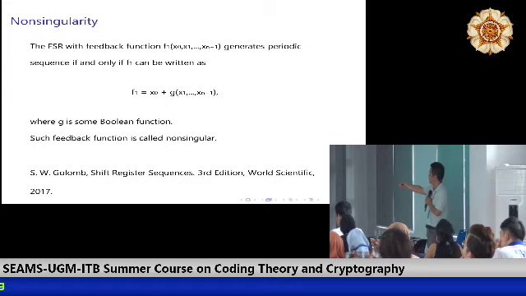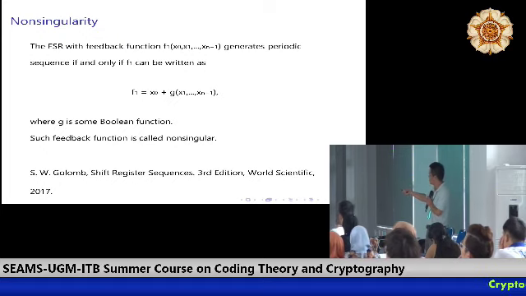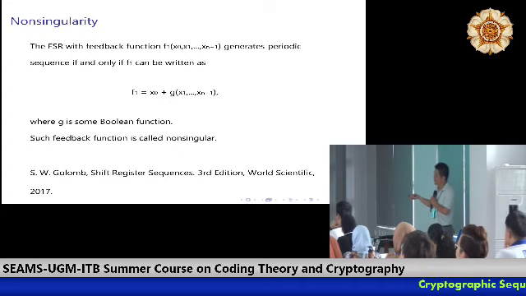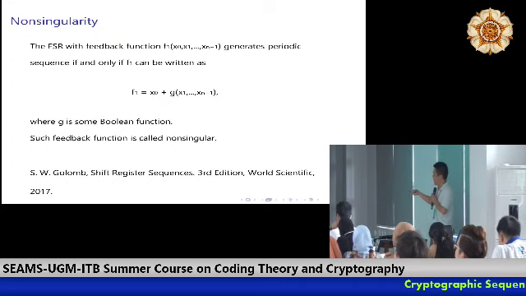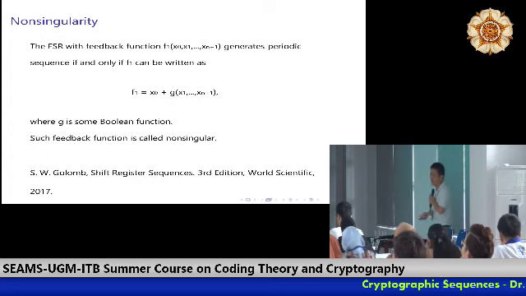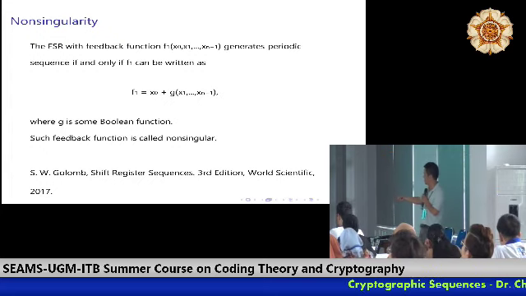It generates a periodic sequence if and only if the feedback function satisfies this form: x0 plus another Boolean function of x1 to x_{m-1}. So we just consider the periodic sequences under the non-singular feedback functions. This result can be found in this reference. It's a very famous book.